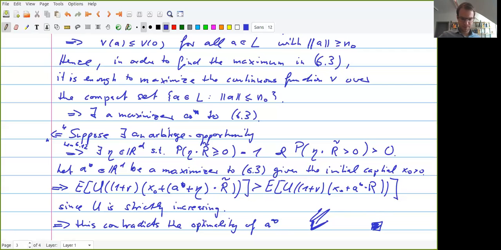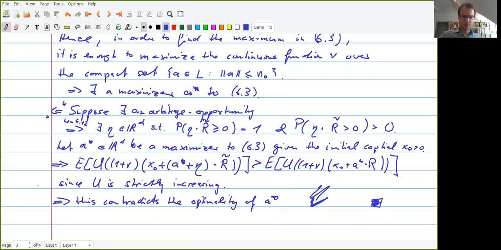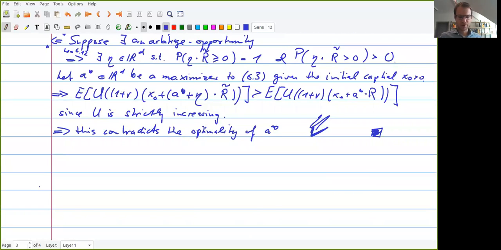Okay, let me conclude this section with a little remark concerning this last proposition. First remark is this is remark 6.14. Okay, first let me give you an example.